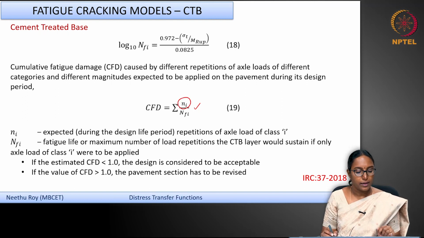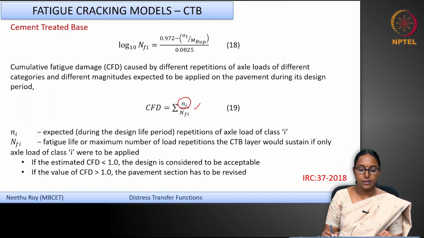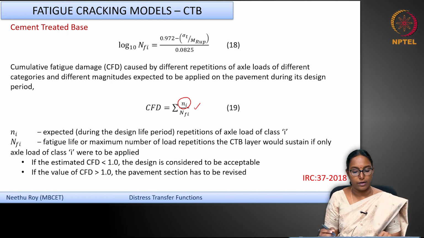Here Ni is the expected repetitions of the axle load during the design life period, and NFi is the fatigue life, or the maximum number of load repetitions on the CTB layer which it would sustain if only this particular vehicle class i is applied on the structure.